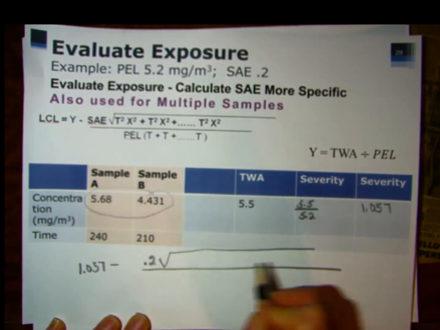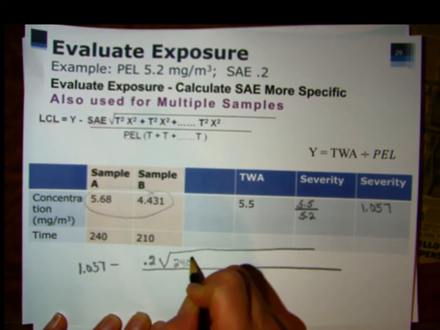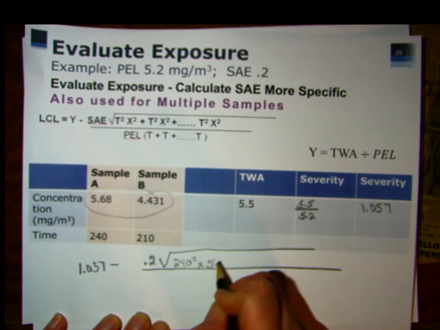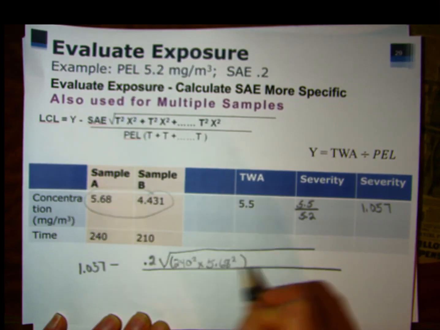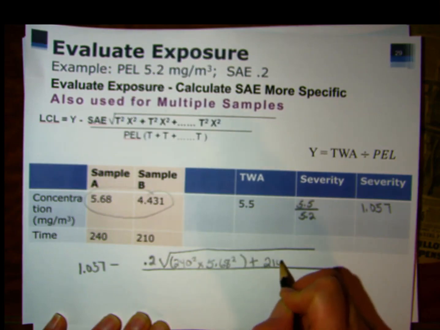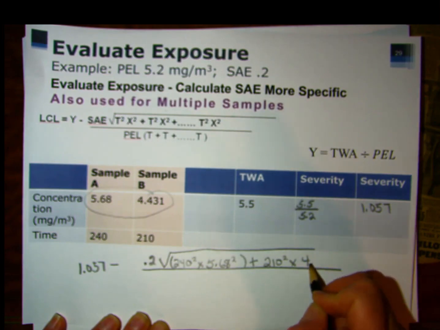And now we take the square root of time times concentration plus time squared times concentration.